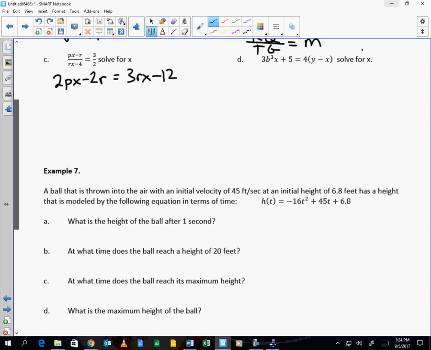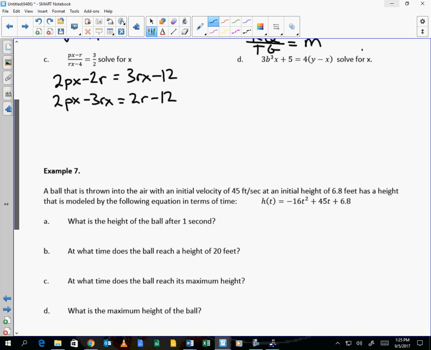Is everybody okay with that? Second step. You have to do this every time. I'm going to gather all the variables that have an x on one side. Those that don't have an x are going to go on the other side. So 2px minus 3rx equals 2r minus 12.